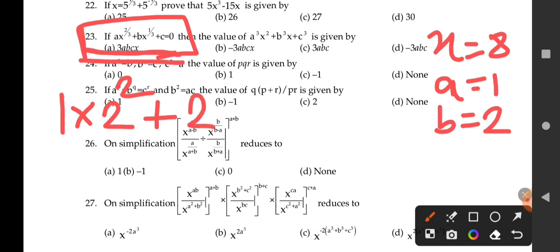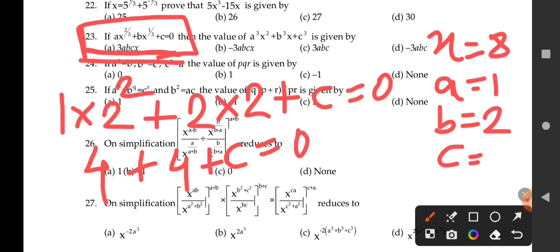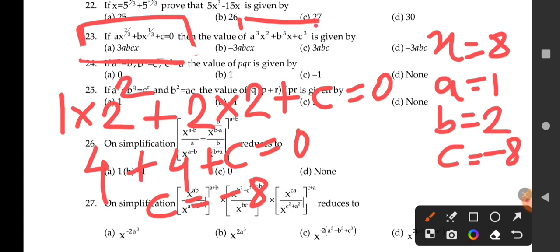Plus 2 into 2, since cube root of 8 is 2, plus c equals 0. So what do we have? 4 plus 4 plus c is equal to 0, so c is equal to minus 8. What is the value of the given expression? We are asked the value of this expression, right?